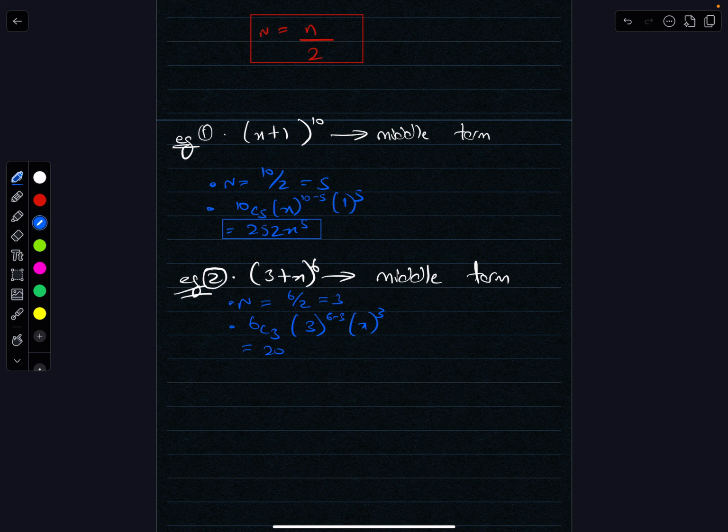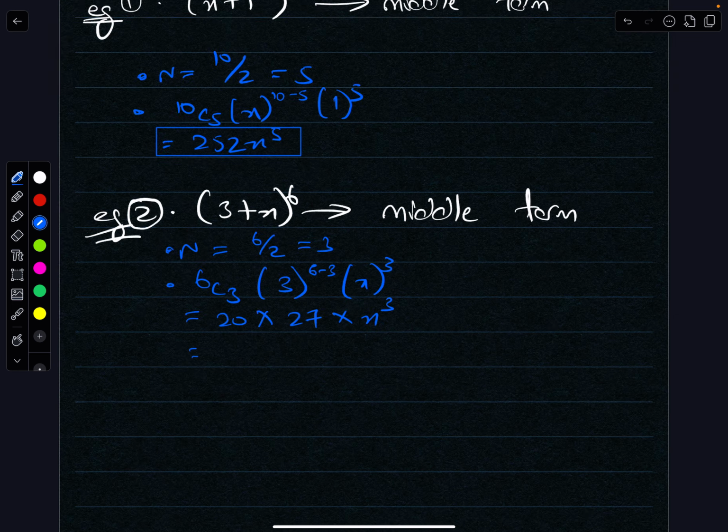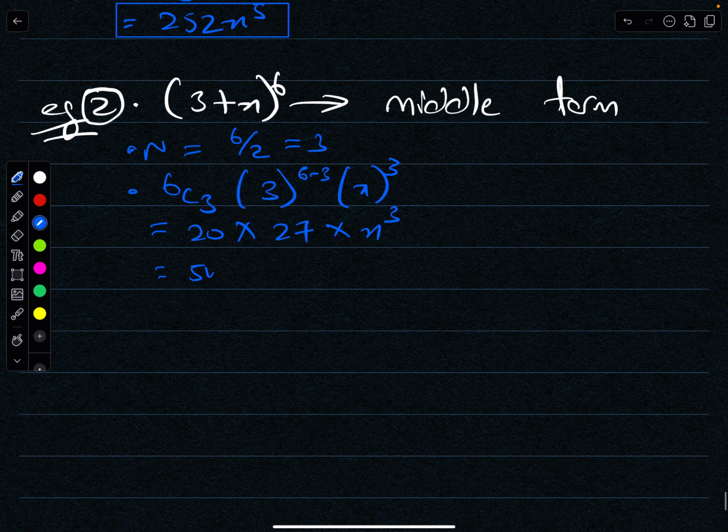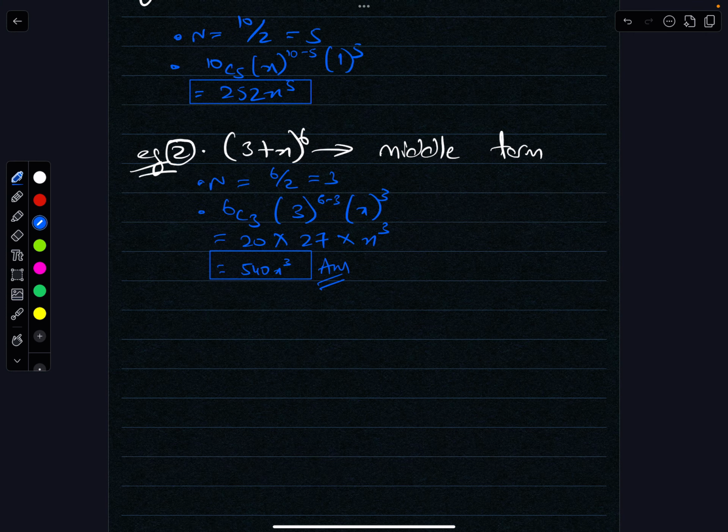So this equals 20 into 27 into x cubed. And the answer turns out to be 540 x cubed. This is my final answer, and 540 x cubed is the middle term.